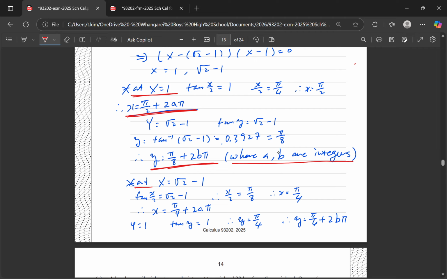And second, when big X is √2 − 1, small x becomes π/4 plus 2aπ, and y is π/4 plus 2bπ. Again, a and b integers. All right, cool. I will see you next time. Bye.